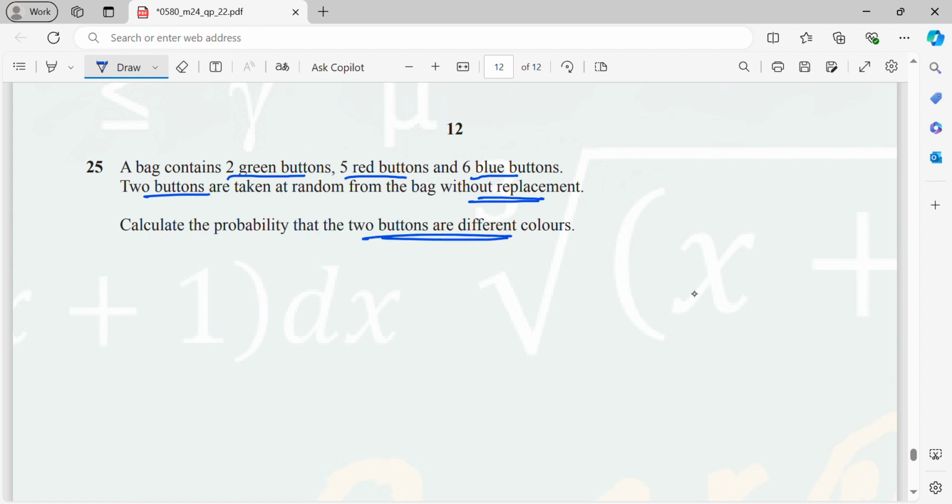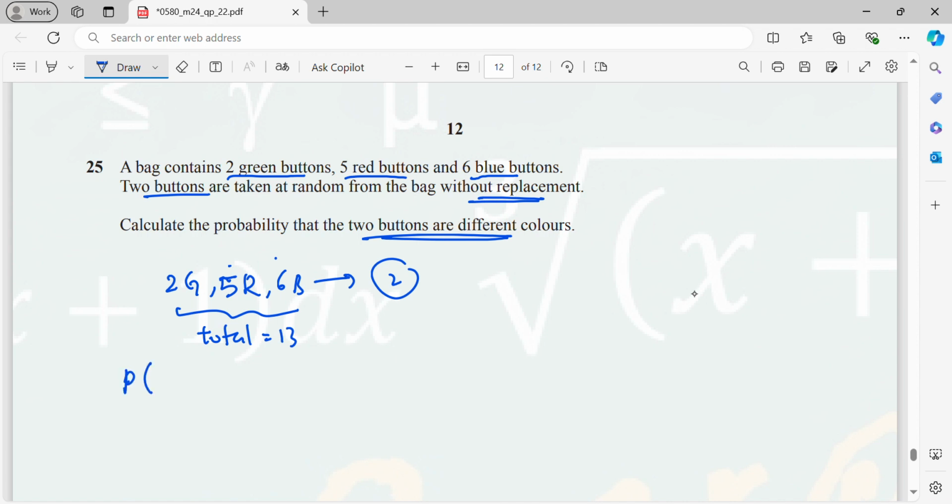So basically, we have 2 green, 5 red, and 6 blue. So the total here is 11 plus 2, which is 13. Total is 13. But then now you take 2 without replacement. So the probability of getting 2 different colors has a lot of combinations because it can be green with red, green with blue, or red with blue, and so on.